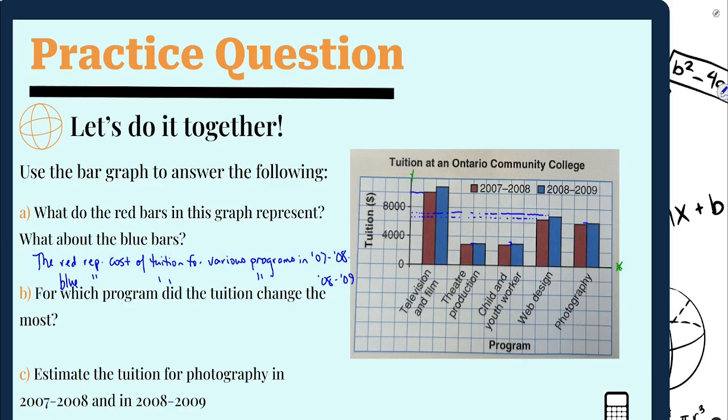Then we look at our television and film program. In 2007, it was at $10,000. And then if we look at 2008, 2009, it's probably about $11,000. So there's a greater gap, a greater difference in the height between the bars in the television and film program, which means that the tuition changed the most.